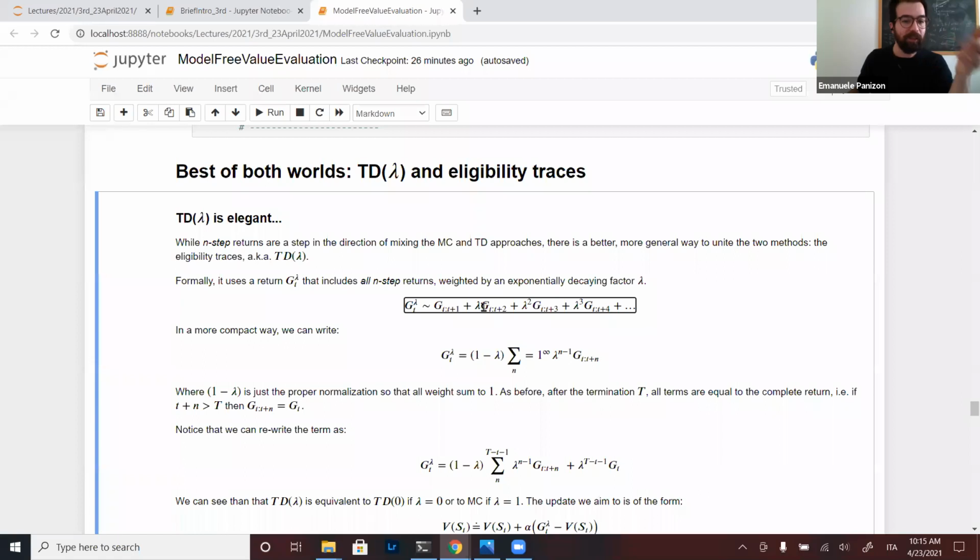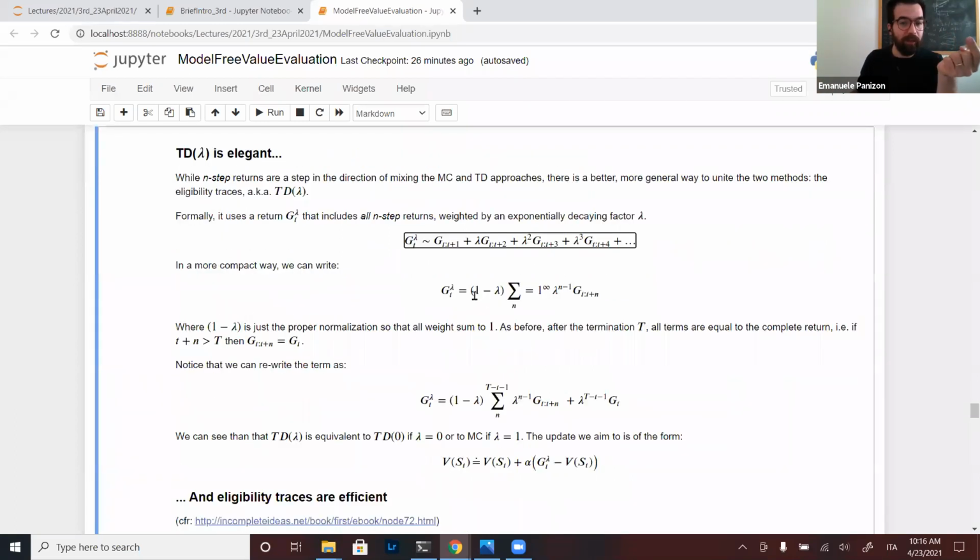But the next one, G_t:t+2, it takes with a decaying factor lambda. G_t:t+3 with lambda squared. So it mixes all the returns we have defined so far into one single return.